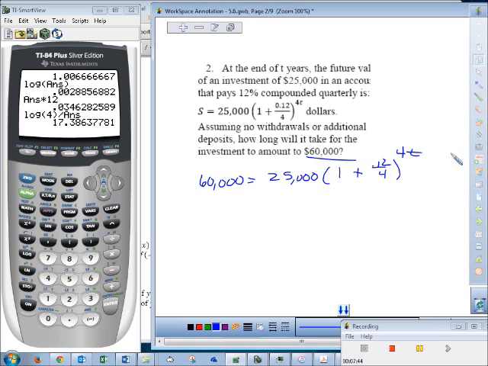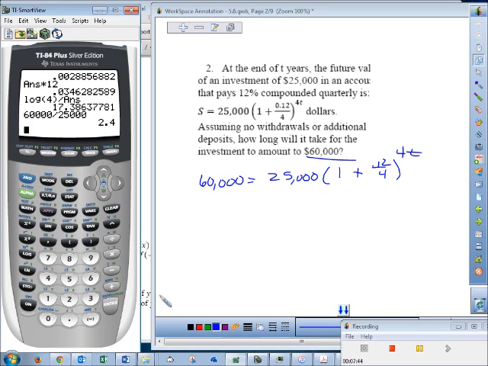Right? They want us to figure out how long it will take for this to reach 60,000. So again, the first move is to get this whole thing by himself. We would divide by 25,000. So 60,000 divided by 25,000 is 2.4. I'll just leave him a cool decimal. Came out nice and clean.